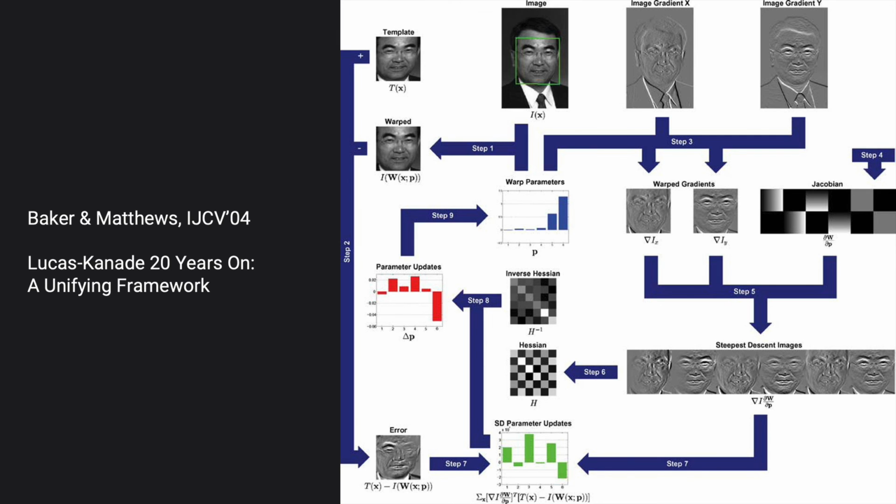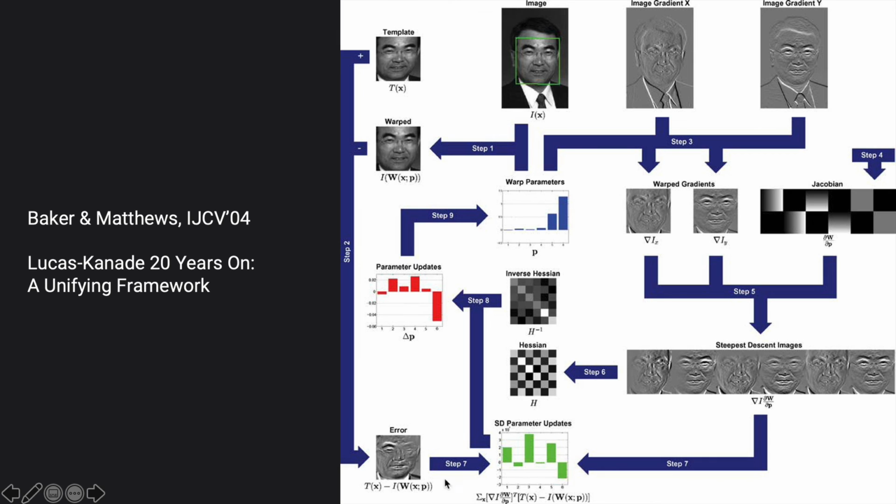The source image can be a complete image in which we want to find the target template, and then we give an initial estimation or current parameter space. Step 1 is to warp the image, and step 2 is to take the difference between the warped image and the template to calculate the error.